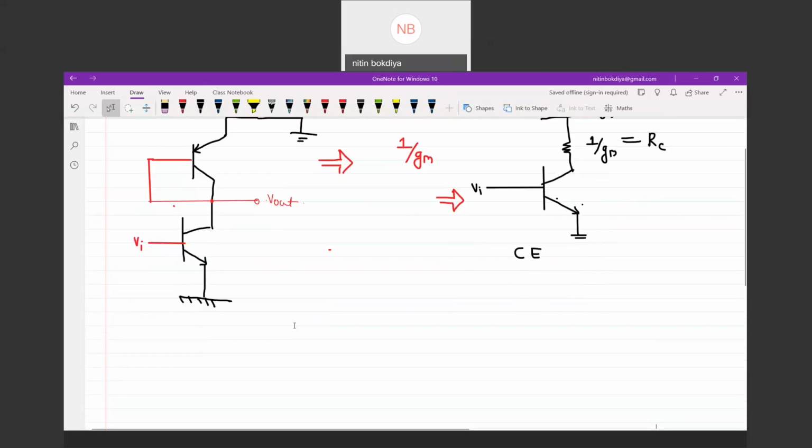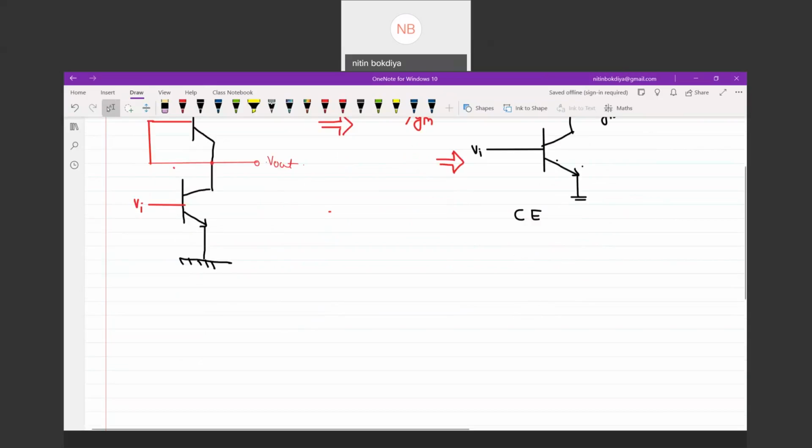What is the small signal model for this? Actually there is no need to draw it, but the small signal model for the circuit is given by this.